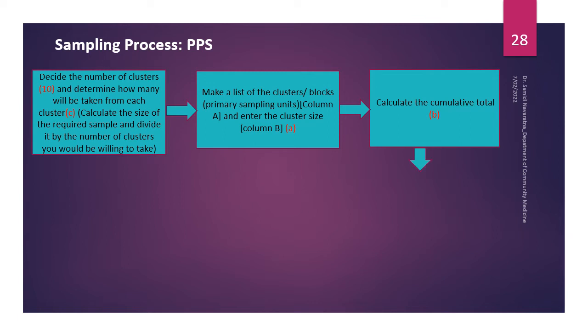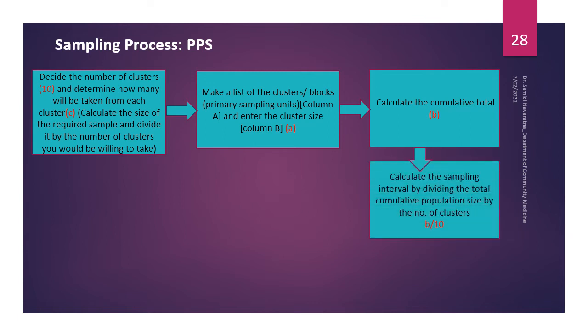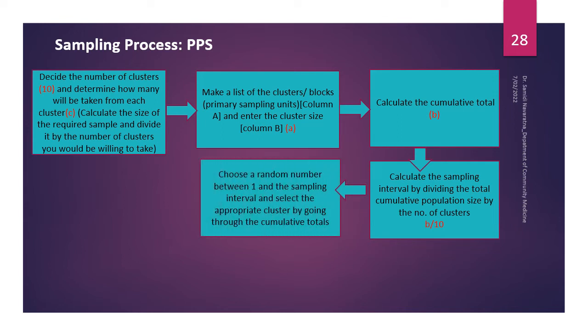Then, having done that, you need to calculate the sampling interval by dividing the total cumulative population size by the number of clusters, and then choose a random number between 1 and the sampling interval and select the appropriate cluster by going through the cumulative totals.